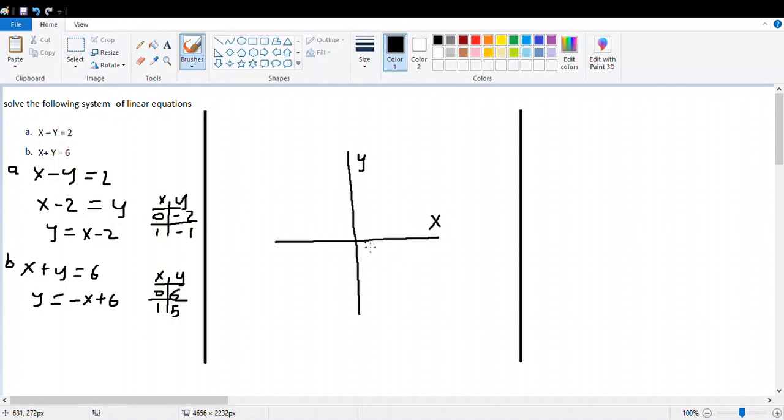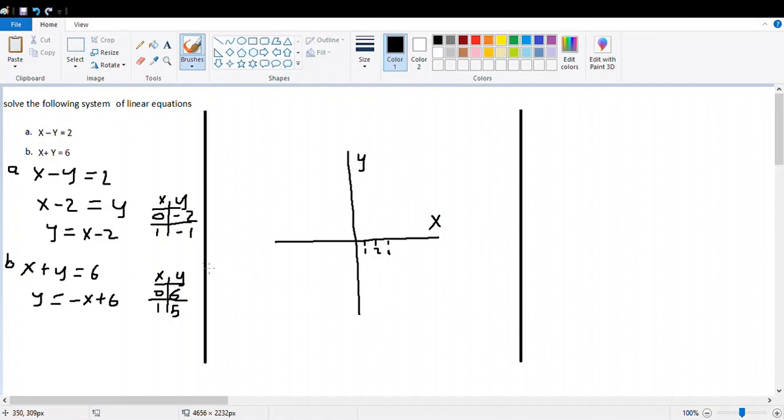Now we have to locate the points. 0, of course, is the intersection. This is 1, this is 2, this is 3, and more. Remember that all of the spaces must be equal, otherwise our graph is not going to be exact. Exactly the same in the y-axis.